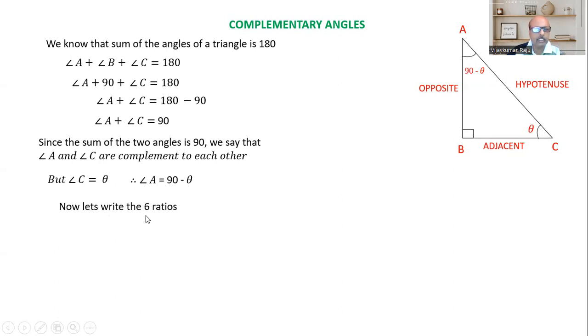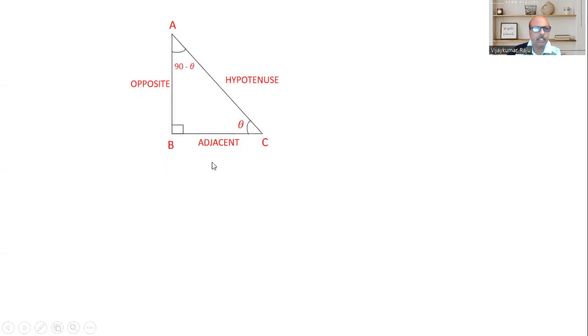Now let's write the 6 ratios. This is the main figure. We start with the first angle. Taking theta as an angle, we write the 6 ratios. First ratio, sin theta, is opposite upon hypotenuse, that is AB upon AC. Cos theta is BC upon AC, adjacent upon hypotenuse.